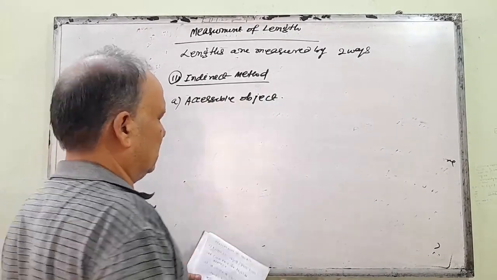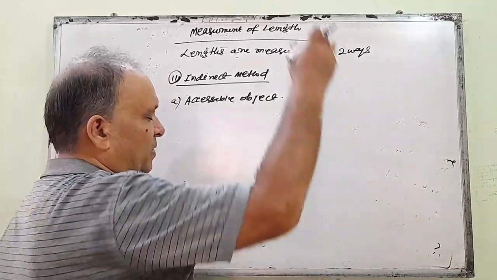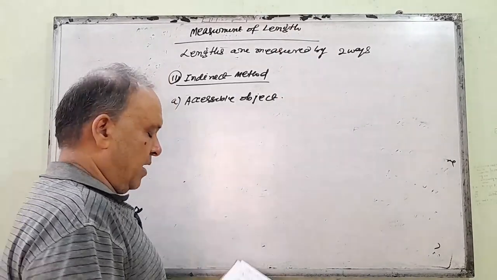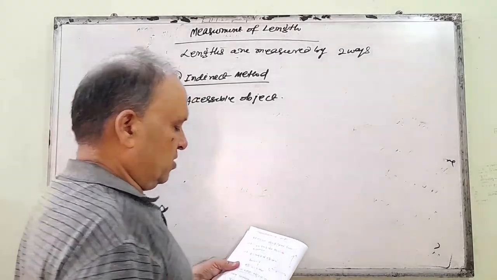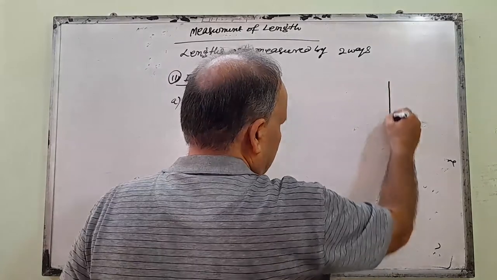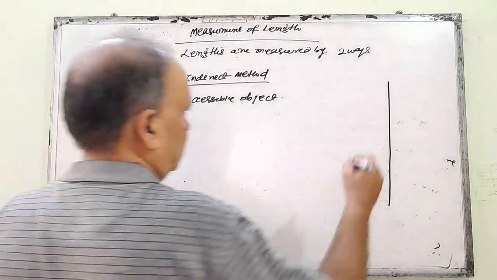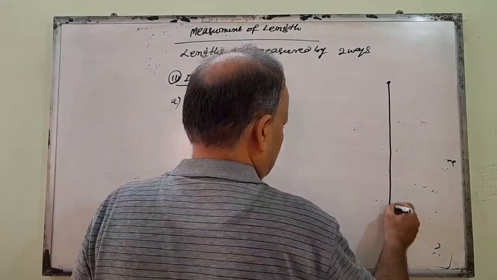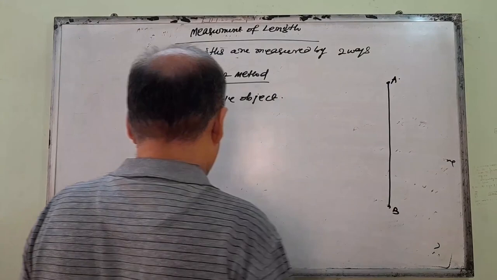Suppose you can measure the height of a tree, height of a tower, or height of an electric pole. You see, suppose this is a pole or tree. This is its upper point and this is its lower point.